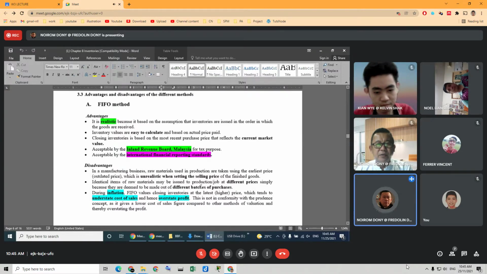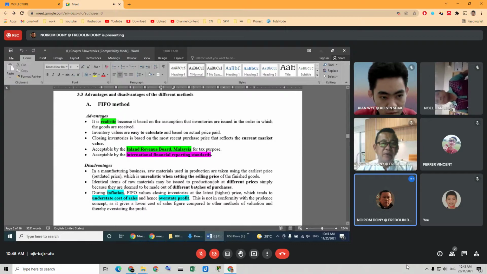So we are charging differently, but they are not different items. So identical items, that is the disadvantage. We are issuing at a different price because they are made out of different batches.